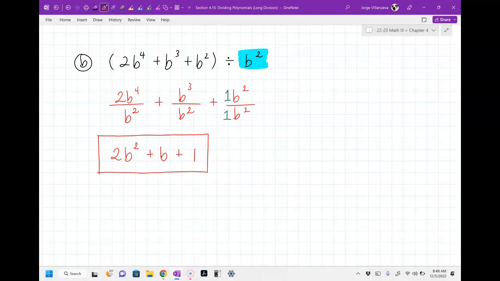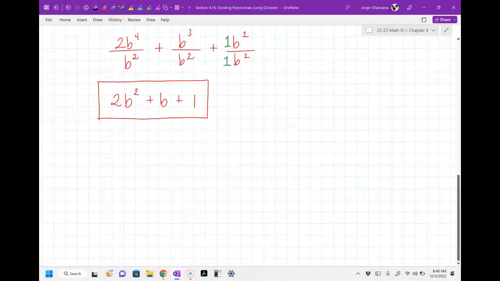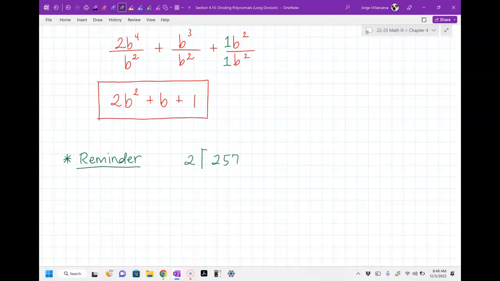All right, so let's look at a really quick reminder. You don't have to write this down if you don't want to. It's up to you. If I were to ask you to get 257 and divide it by 2, and I know that we're going way back, when do they learn this stuff? In like 5th grade? 4th grade, right?